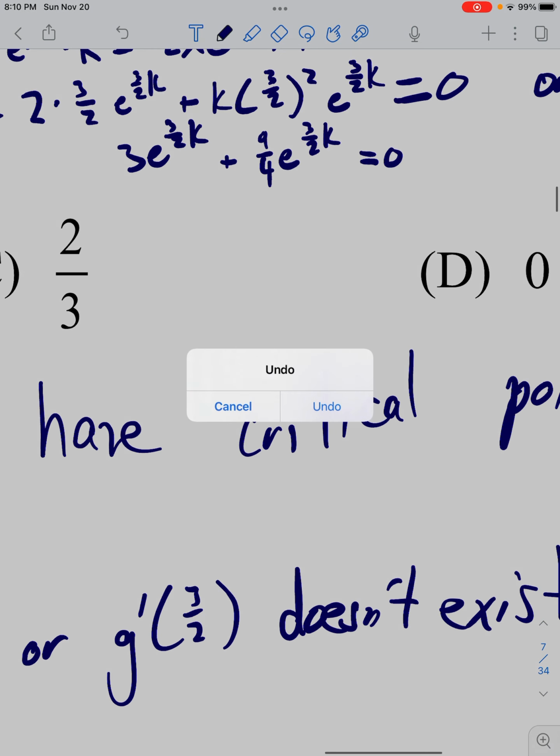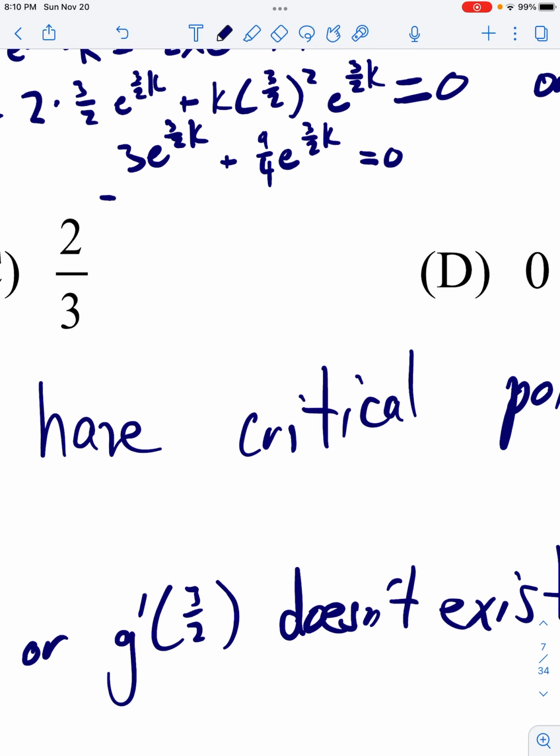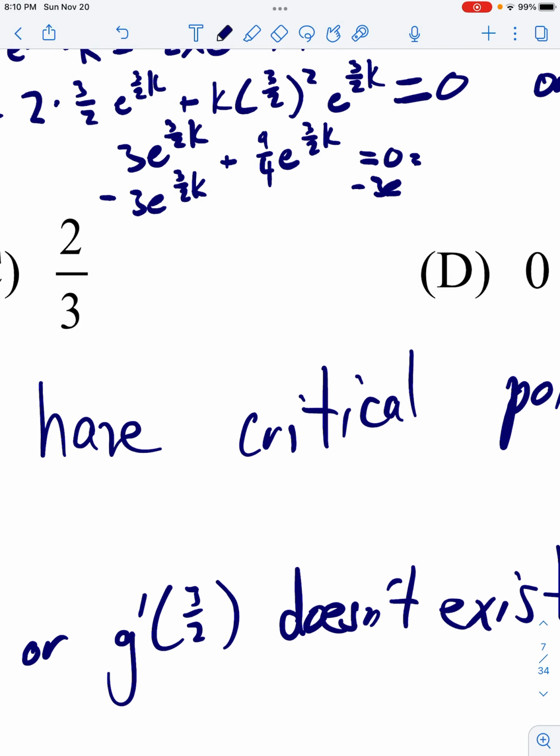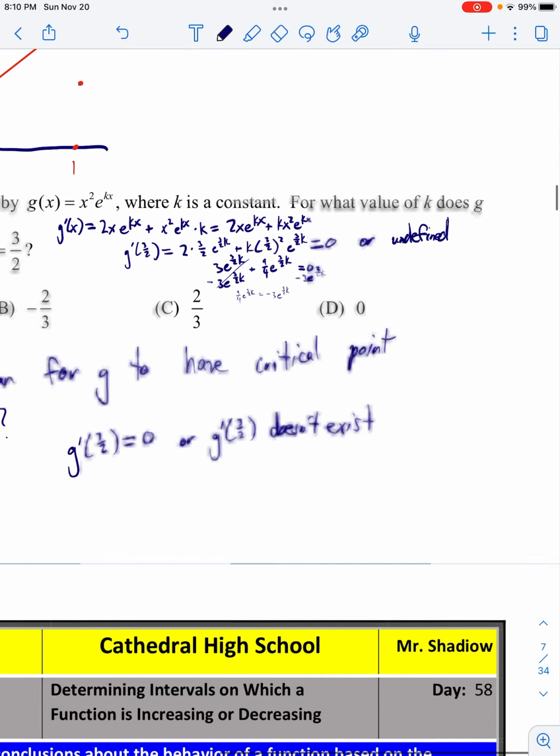So I'm going to subtract 3 e to the 3 halves k from both sides. I'm solving for k, okay? So that cancels. We get 9/4 e to the 3 halves k equals negative 3 e to the 3 halves k.